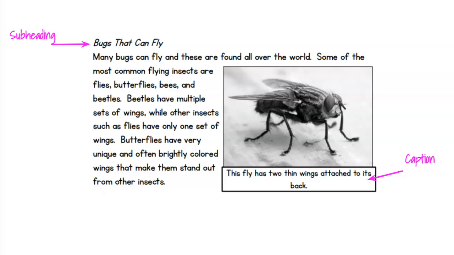Butterflies have very unique and often brightly colored wings that make them stand out from other insects. And this caption says that this fly has two thin wings attached to its back, because in this paragraph they talked about bugs that can fly and the wings on different insects.